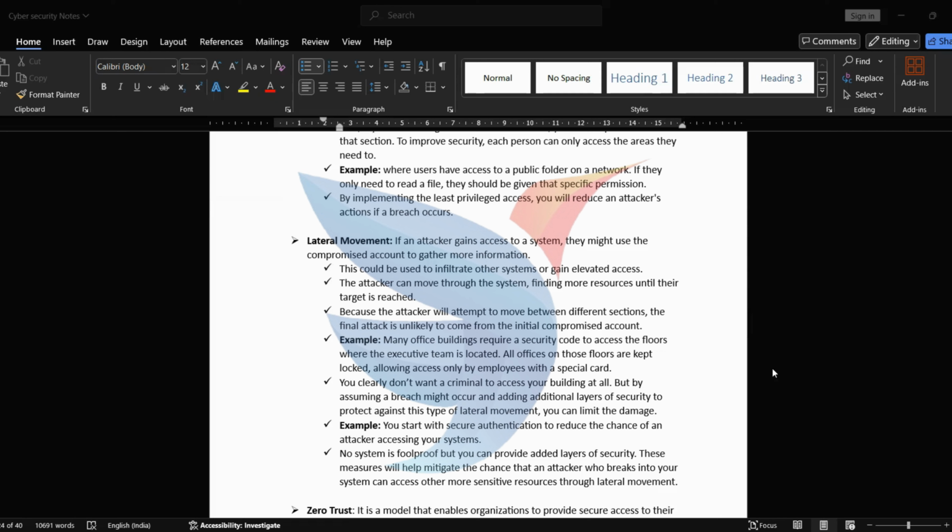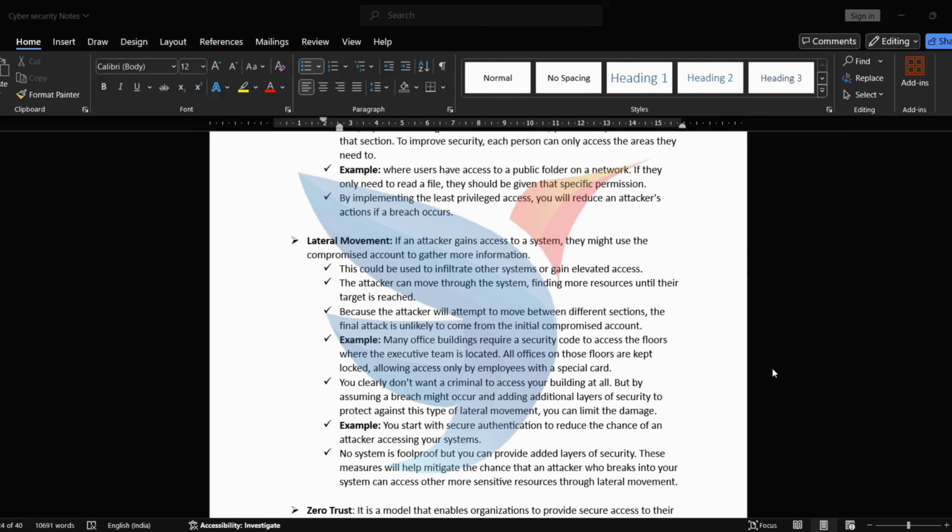Let's see what is lateral movement. If an attacker gains access to the system, they might use the compromised account to gather more information. This could be used to infiltrate other systems or gain elevated access.